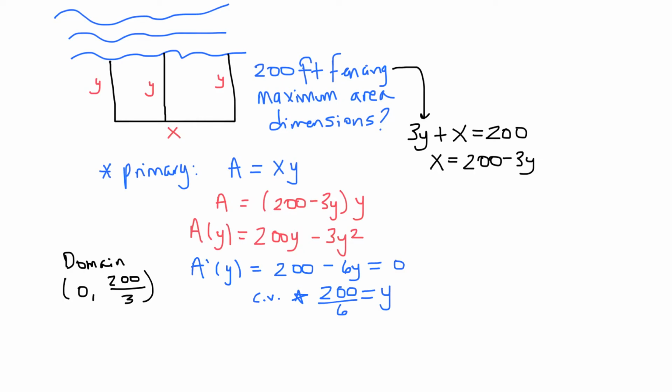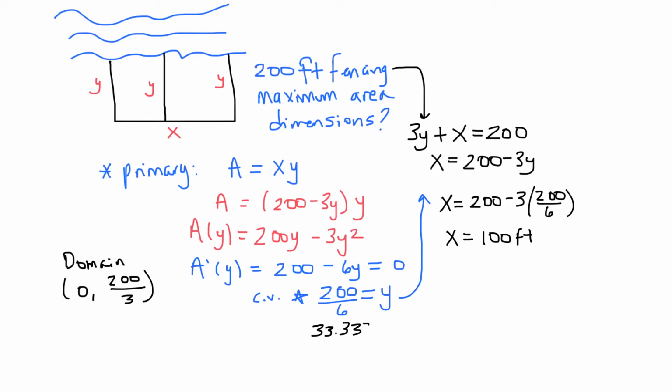So now that I have the y, we plug in and find the x. And so then x would be equal to 200 minus 3 times 200 over 6. And I've done this ahead of time. That's going to come out to 100 feet. So the y, this 200 over 6 is actually, I want to say it's 33.333 feet. And the x is 100 feet.